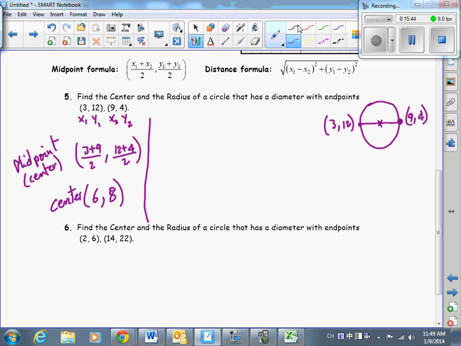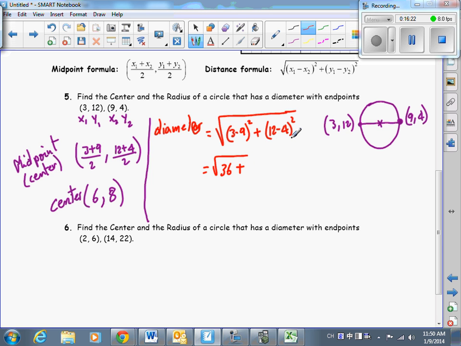So let's start with the diameter. For the diameter, I will say it's the square root of x1 minus x2, 3 minus 9 squared, plus y1 minus y2, 12 minus 4 squared. That's again to find the diameter, which is equal to the square root of 3 minus 9 is negative 6 squared, which is 36.